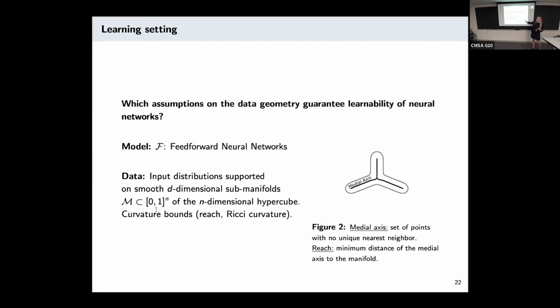Even if you haven't seen this before, you can probably imagine that it characterizes something about the geometric properties of that manifold. So those are the kinds of measures that we take into account. This, and regularity conditions on the manifold and the intrinsic dimension. Those are the geometric characteristics that we're considering when we characterize the geometry of our input data.